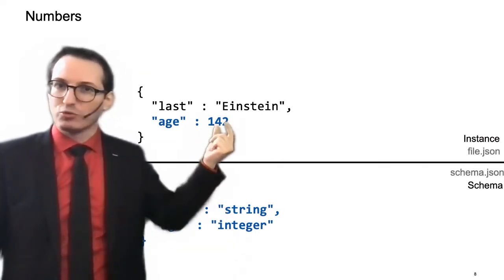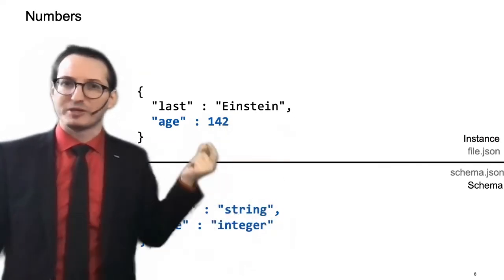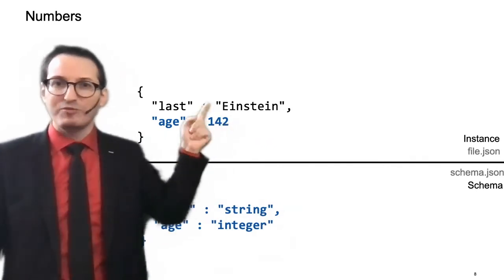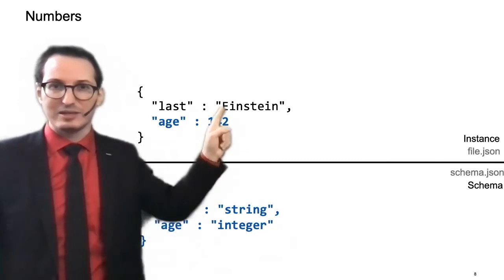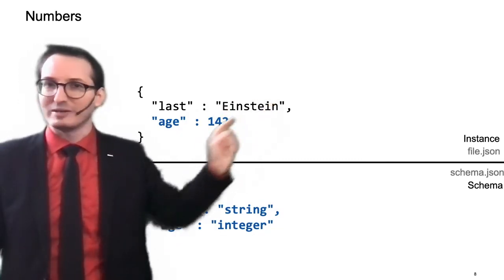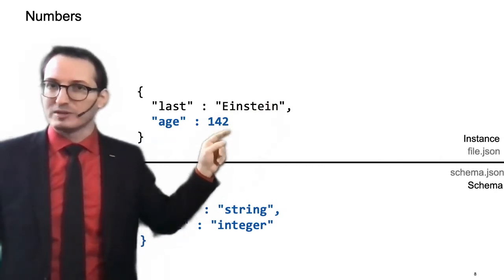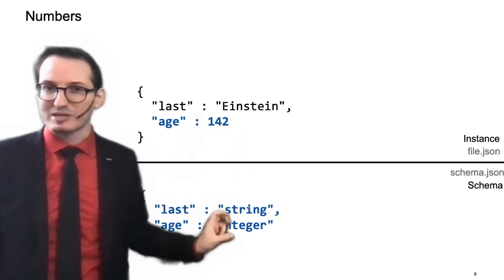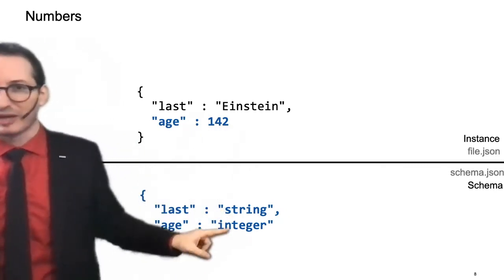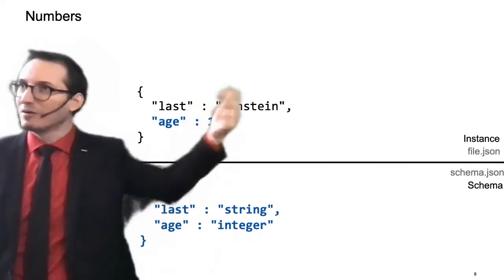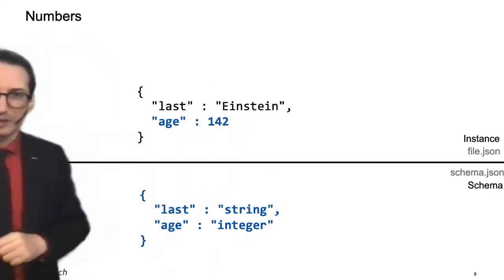Well, 142 is in the lexical space of integer because you can actually parse that as an integer. If you try to parse it, you succeed. If you tried to say last integer, this would fail because this cannot be parsed as an integer, right? Whether or not it's quoted is irrelevant for validation. Even if it had quotes, it could still be successfully validated against the type integer. And then in memory, you would save it efficiently with some optimized format that captures integers.